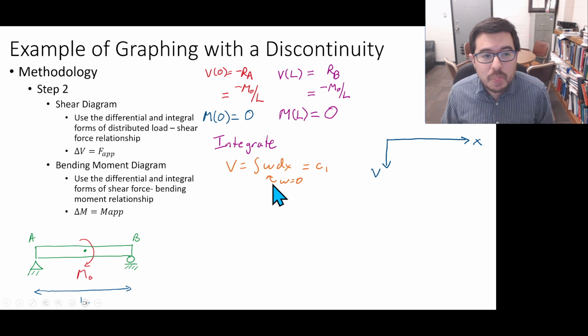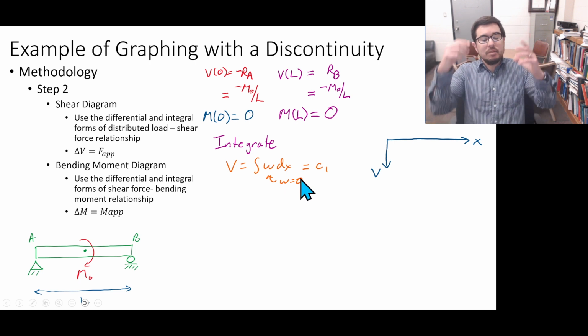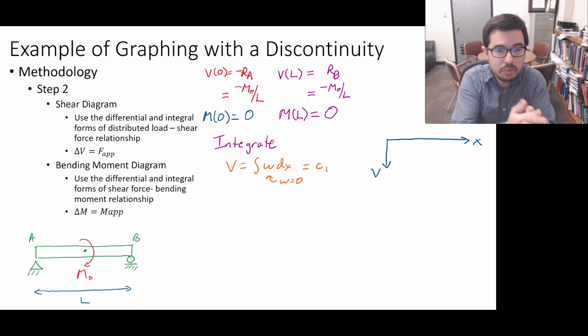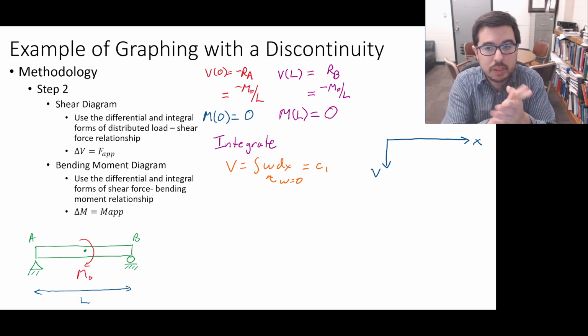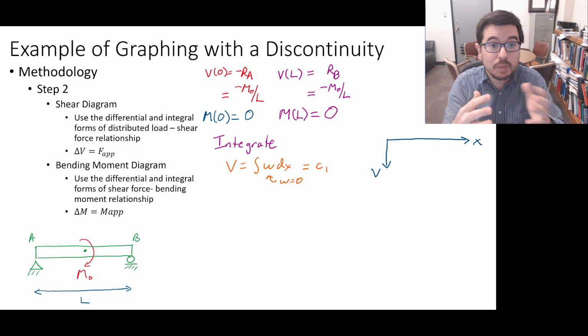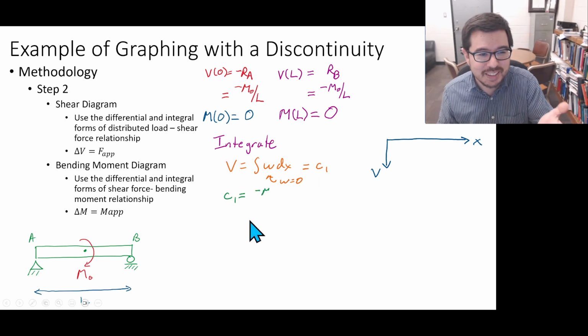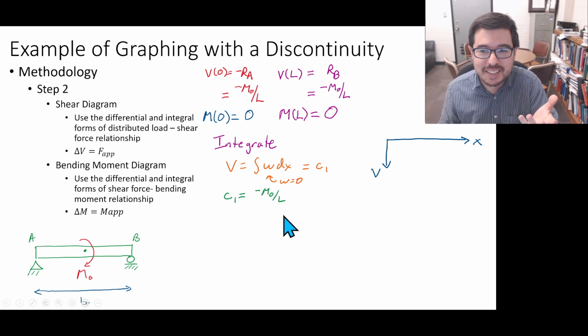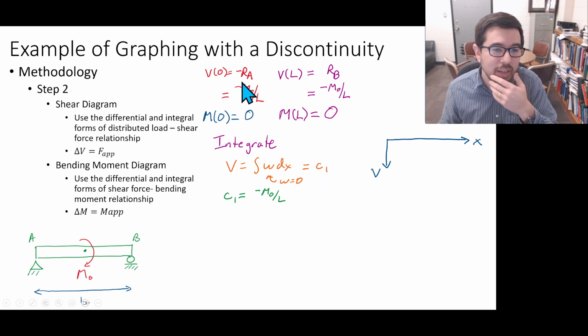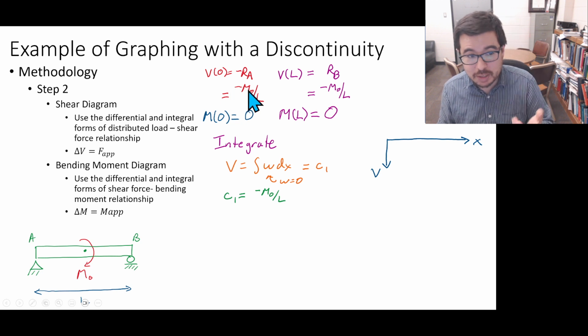In this case, w is equal to 0. So what does that mean? That means it was a 0th order distributed force, and that means we're going to have a constant. It's just a constant. And we need to satisfy the boundary condition on the left and on the right as well.